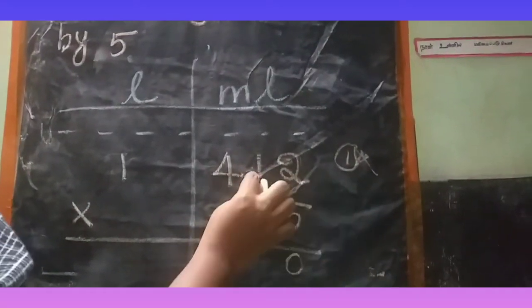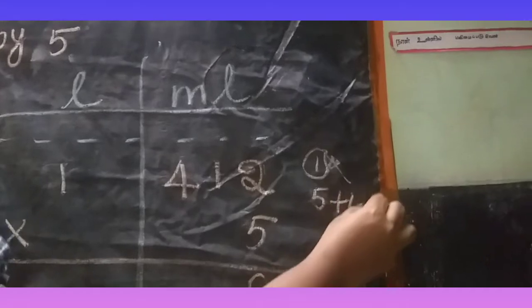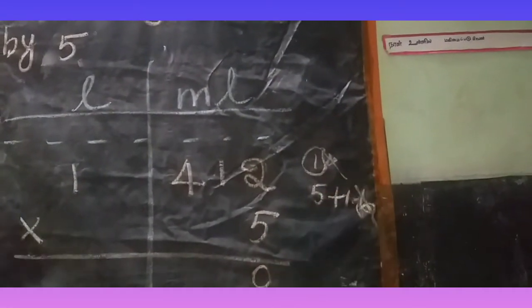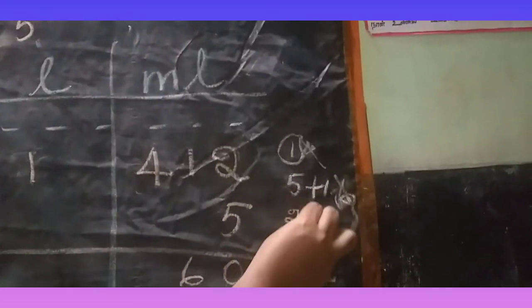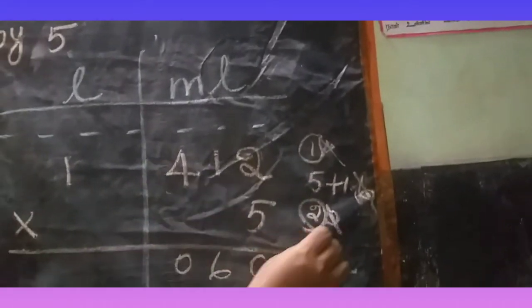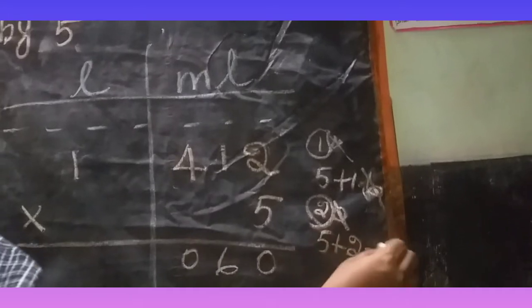And 1 into 5, 5, plus 1, 6. Now circle 6. And 5 into 4, 20. You cut 0 and circle 2. And 1 into 5, already having the circled number, so 7.